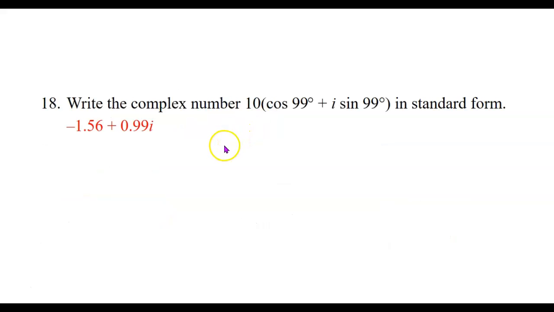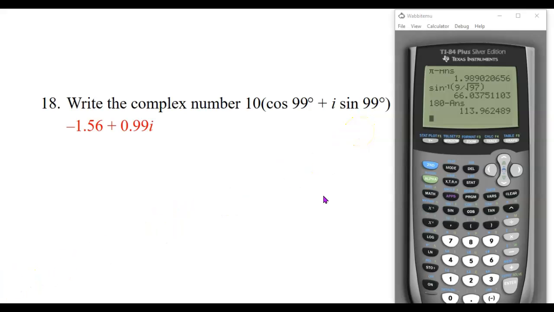And I was asked about number 18. Write the complex number 10 times the quantity cosine of 99 degrees plus i times the sine of 99 degrees in standard form. Well, if I just get my calculator, and since this is 99 degrees, make sure I'm in degrees mode.